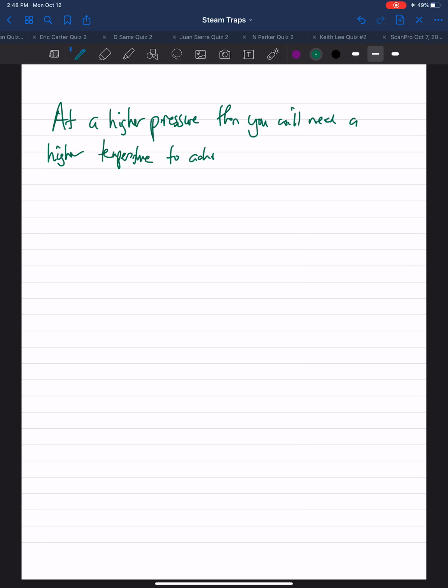So the relationship between saturation pressure and saturation temperature: at a higher pressure, you will need a higher temperature to achieve saturation.